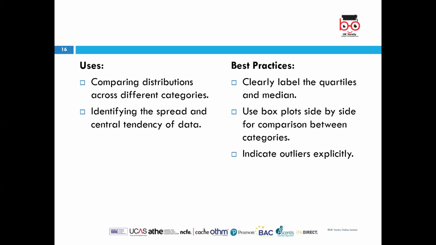Benefit of this, we're now going to be comparing distribution across different categories, identifying the spread and central tendency of data. Best practice, we're now going to clearly label the quartiles and median, use box plots side by side for comparison between categories, and also indicate outliers explicitly.